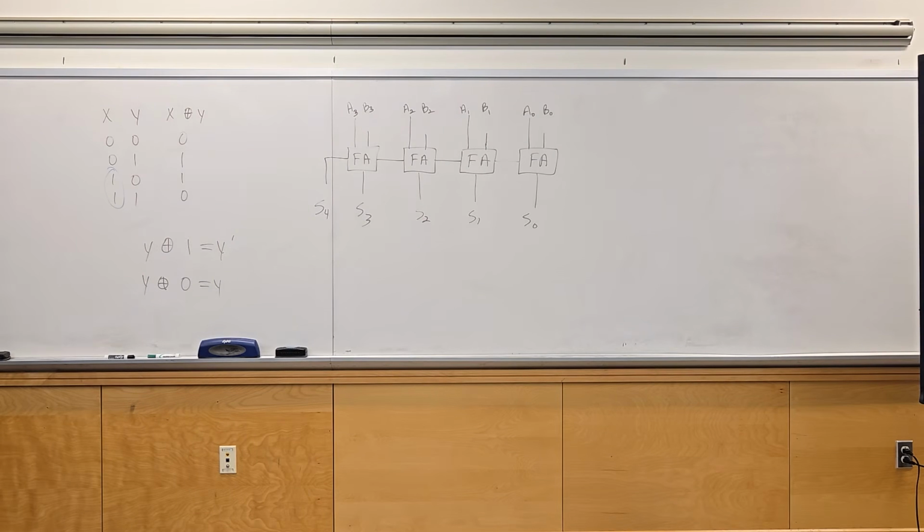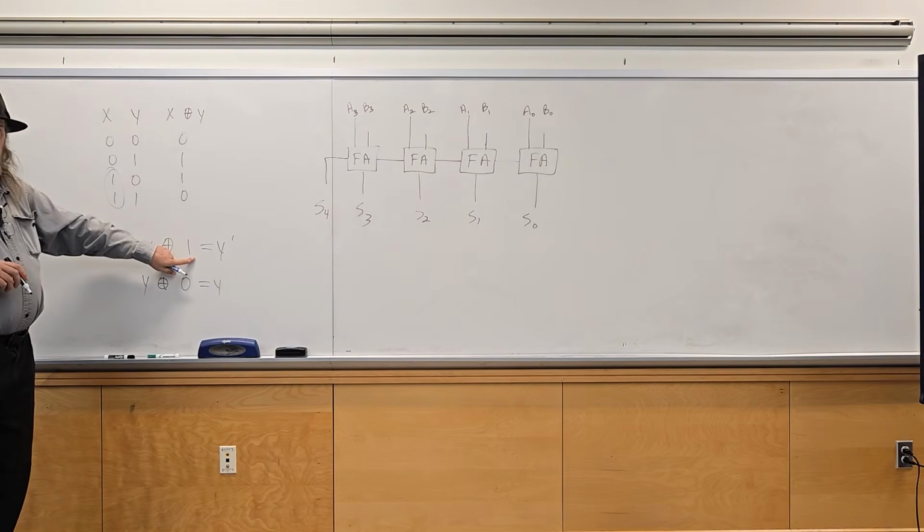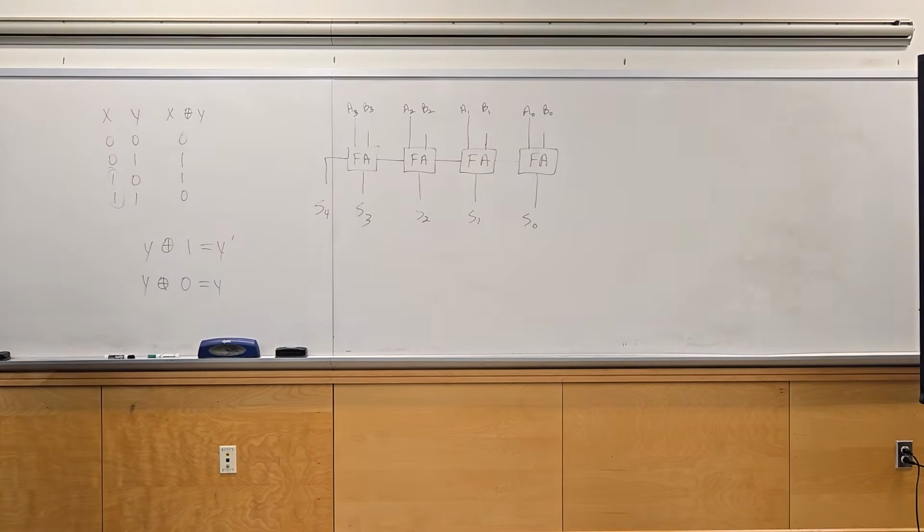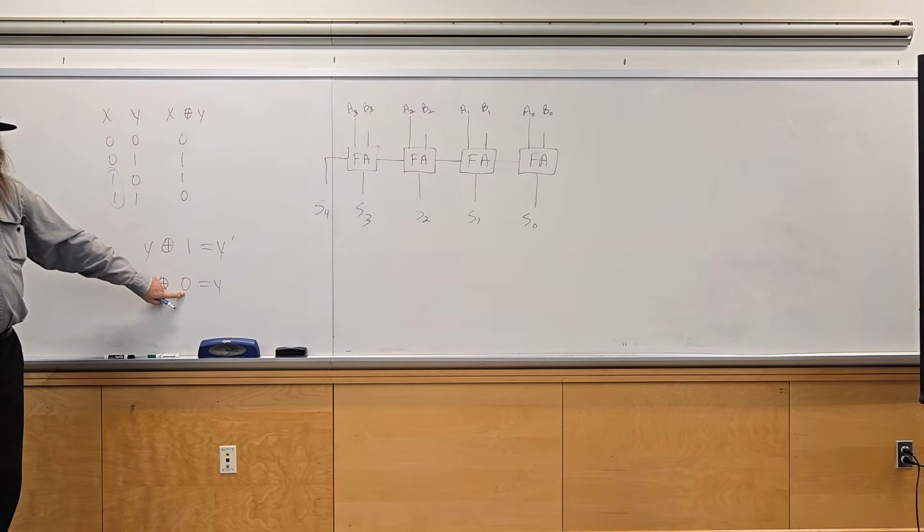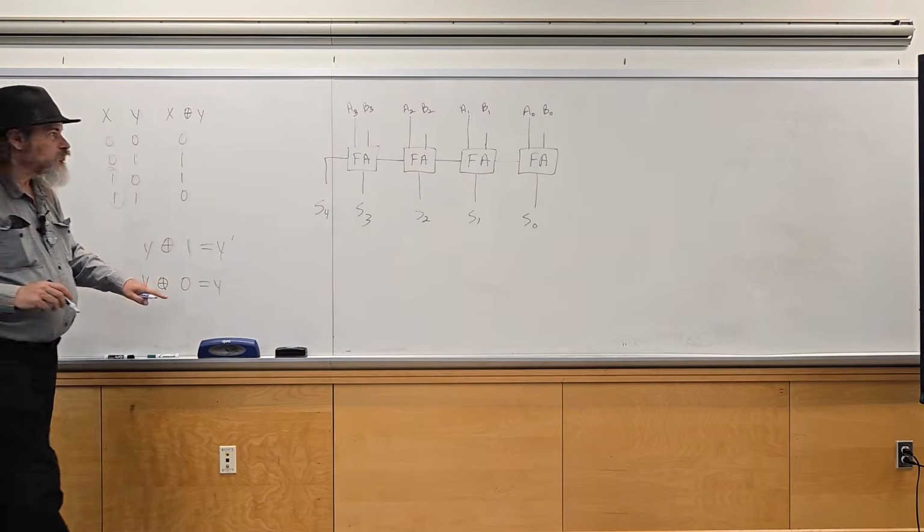So to invert b over here, we can use an exclusive OR gate at each input to the full adders and put a 1 there. If we're not inverting it, put a 0 in the other input of the XOR gate.